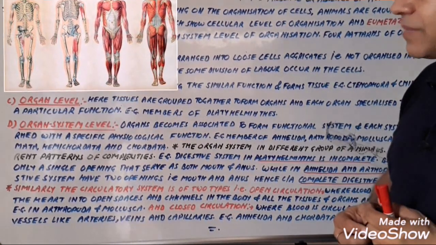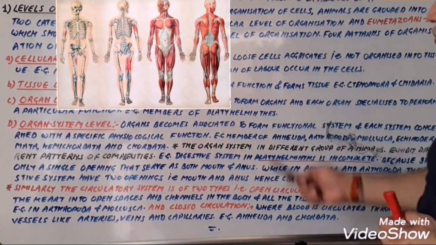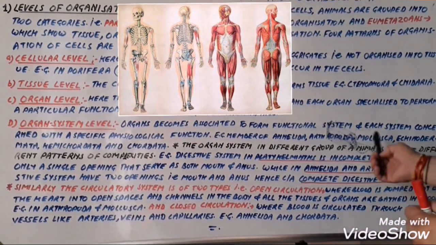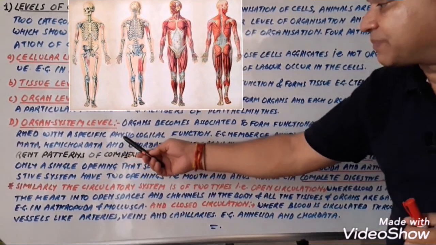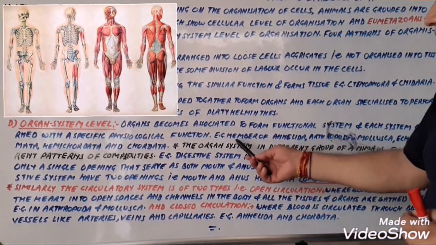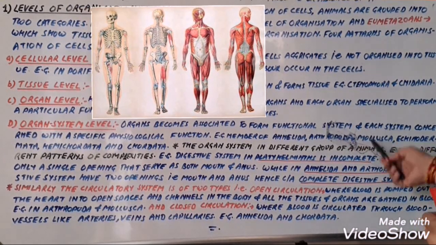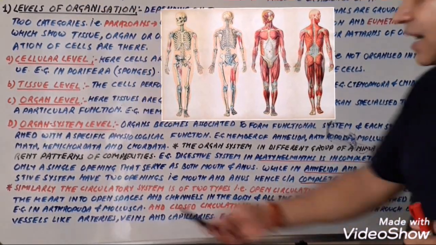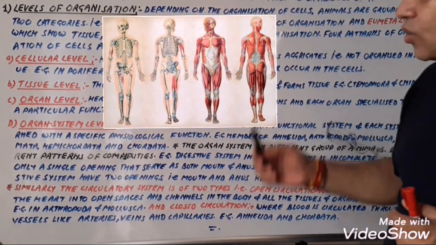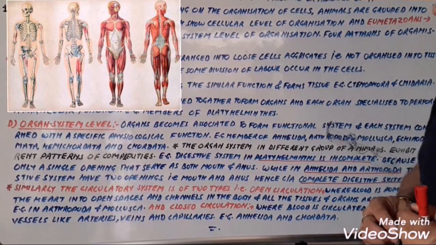In the organ system level, organs become associated to form a functional system, and each system is concerned with a specific physiological function. That is, members of Annelida, Arthropoda, Mollusca, Echinodermata, Hemichordata and Chordata. We can say that a lot of phyla belong to the organ system level of organization.